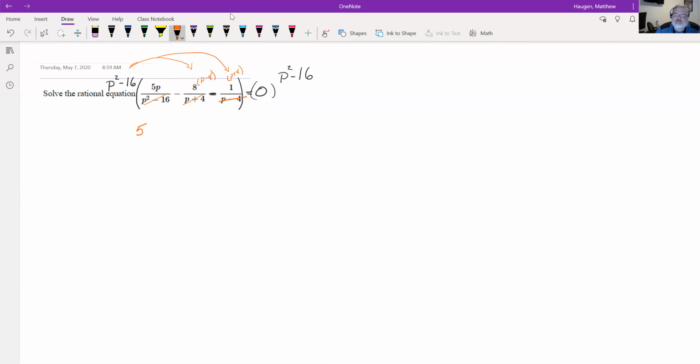So we get a nice 5p minus 8 times the p minus 4 minus 1 times the p plus 4 equal to still 0, which is nice. One of the reasons we like having things equal to 0 is because we can multiply by whatever we want.